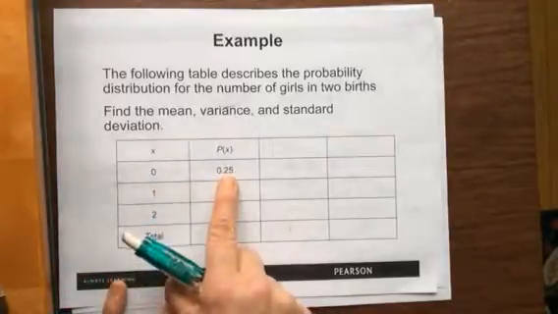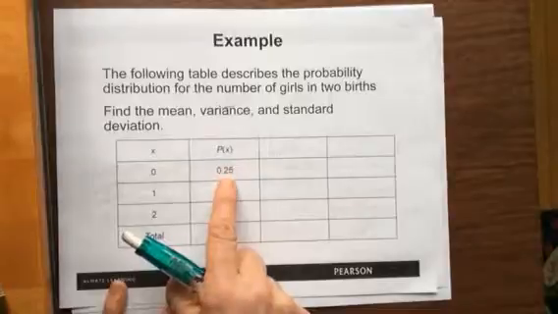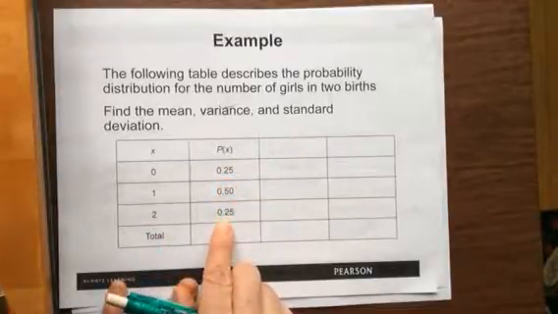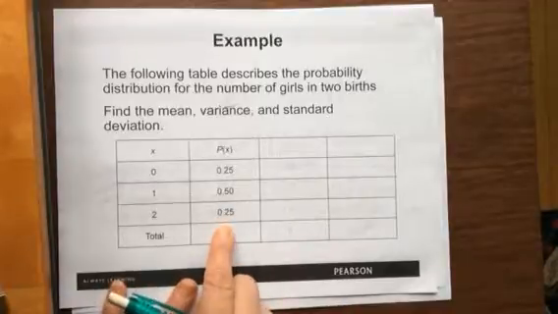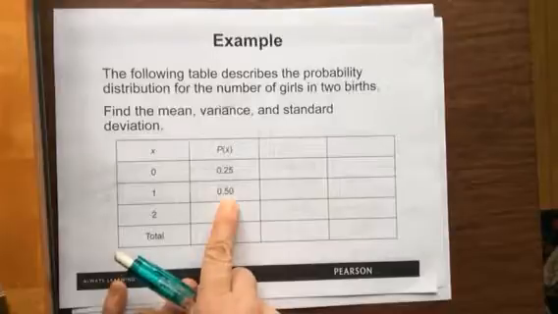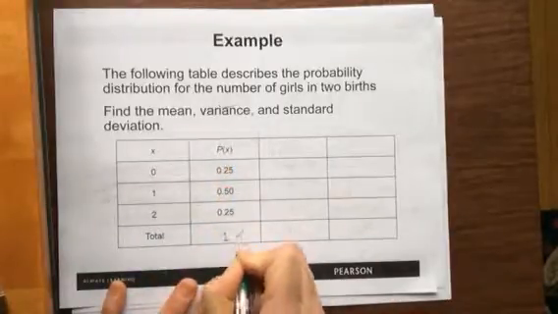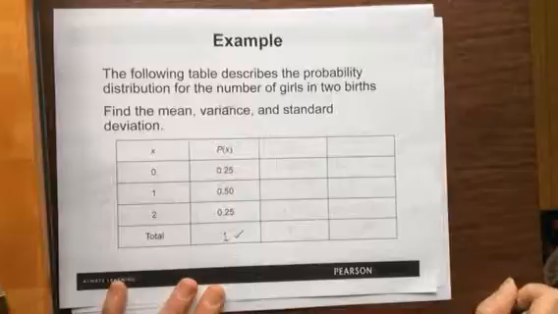The probability of no girls is 0.25 because it's the probability of a boy and a boy, so a half times a half. 2 girls, a girl and a girl, a half times a half. 1 girl is twice that probability because you could have a girl and then a boy, or a boy and then a girl. But with all those probabilities adding up to 1, I know that I've dealt with all the possibilities.